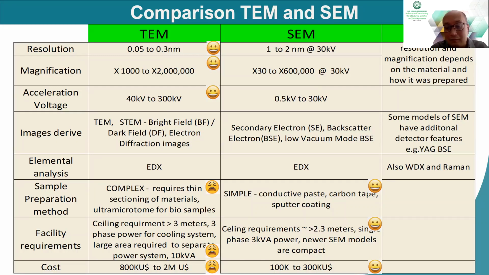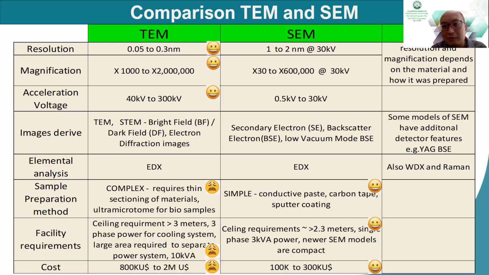There are a lot of images that can be derived from TEM: the TEM image, STEM or scanning transmission electron microscope, bright field and dark field, and electron diffraction images. Whereas for the scanning electron microscope, we can only have secondary electron and backscatter as a basic unit.